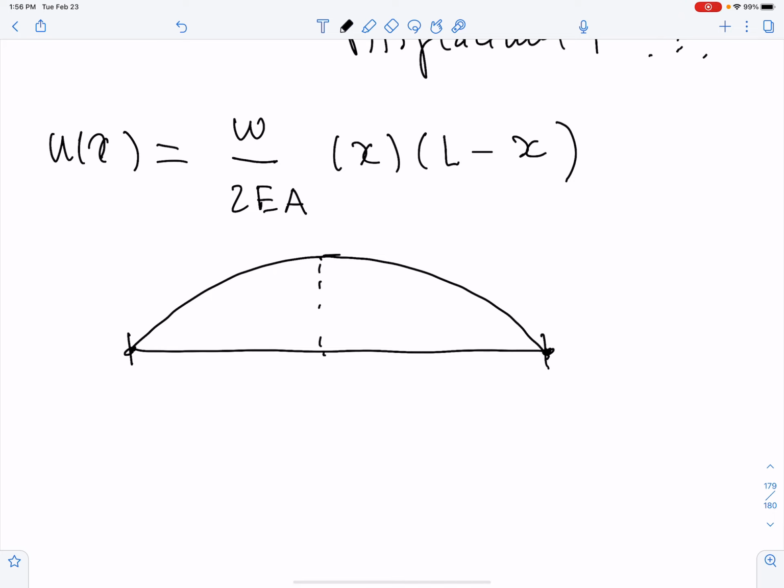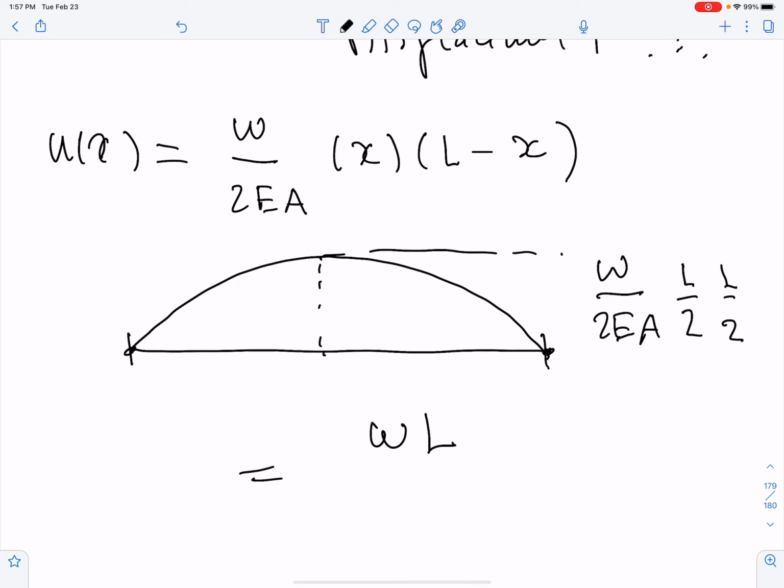And so if you go ahead and evaluate the solution here, you get w over 2EA, and this gives you L over 2, the first x, and this gives you another L over 2. Okay, which is wL squared over 8EA. Okay, so this is by how much the midpoint of the bar displaces, and then that displacement quadratically goes to 0 at the ends of the bar.